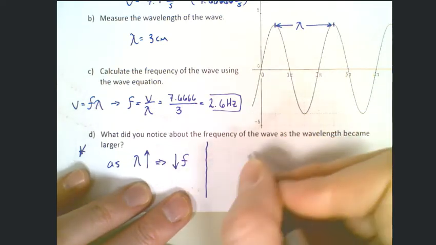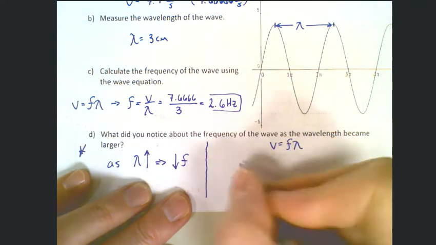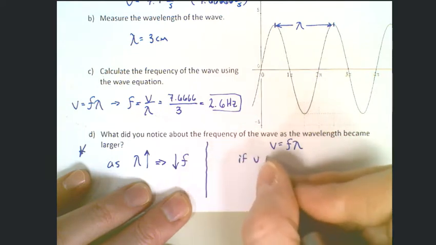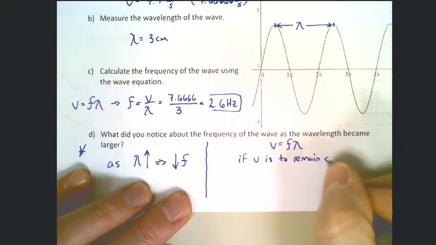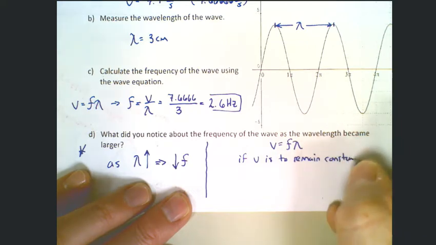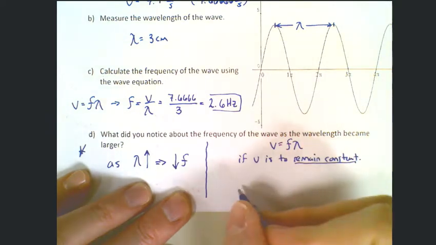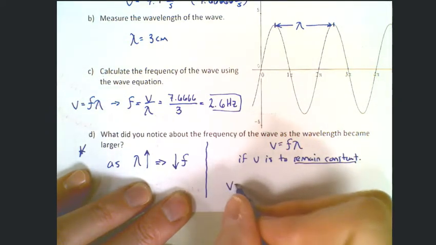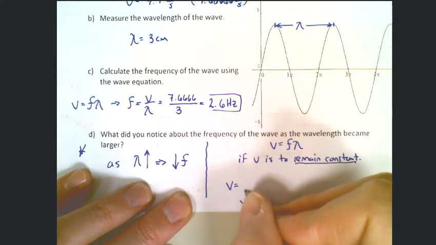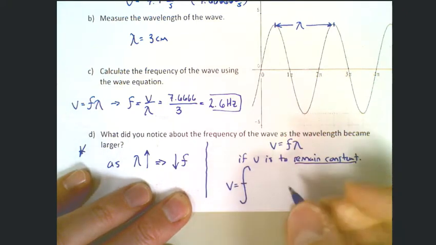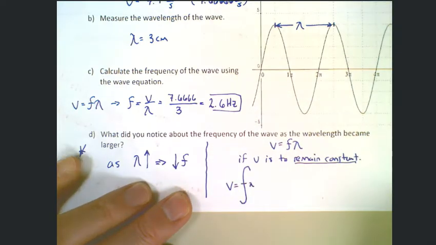If the equation is V equals F lambda, if V is to remain constant for a given medium, then what this means is that if the speed is going to stay the same but the frequency gets really big, then the wavelength must get really small.